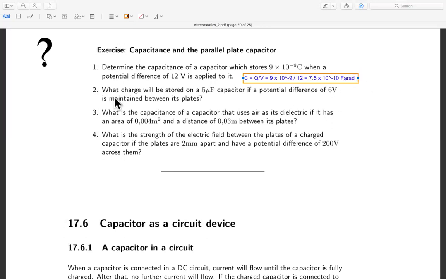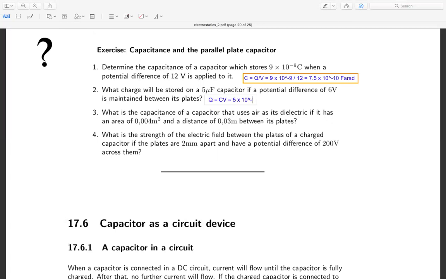Continue to number 2. What charge will be stored on a 5 microfarad capacitor if a potential difference of 6 volts is maintained between its plates? What charge, Q? Q equals C times V. We have C is 5 microfarad, microfarad is 10 power minus 6.